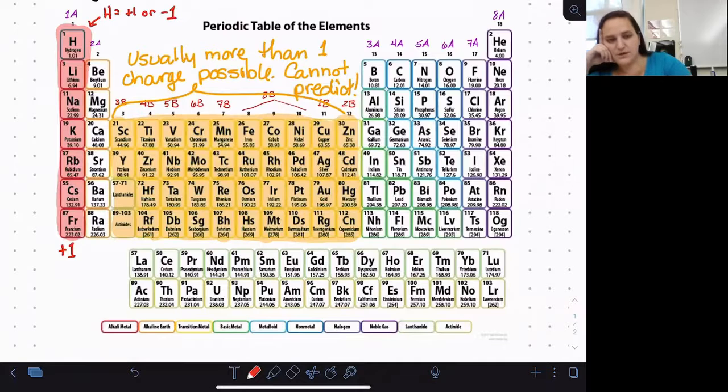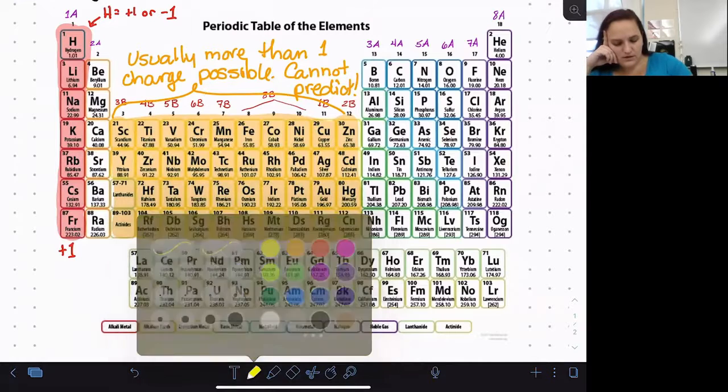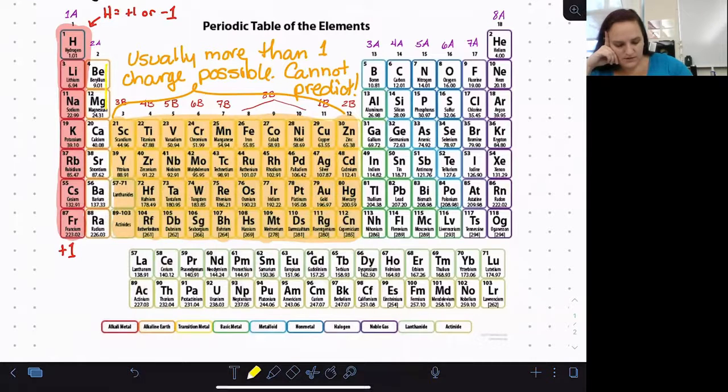Unless it's a special situation, we usually consider hydrogen to be +1. In a few weird cases, it can be -1. In the next column, these tend to form a +2 charge.